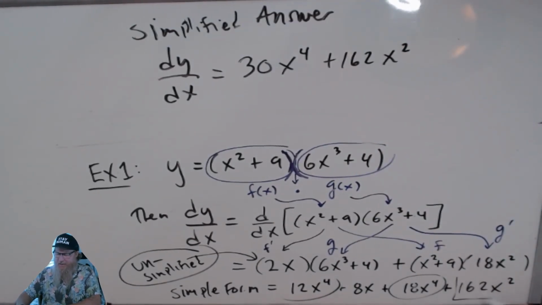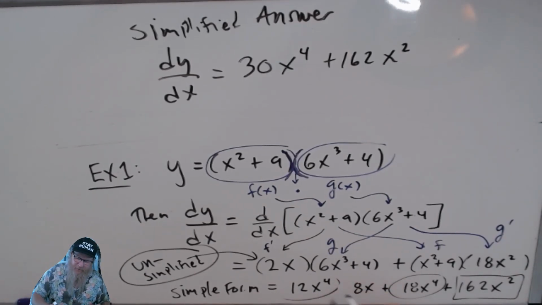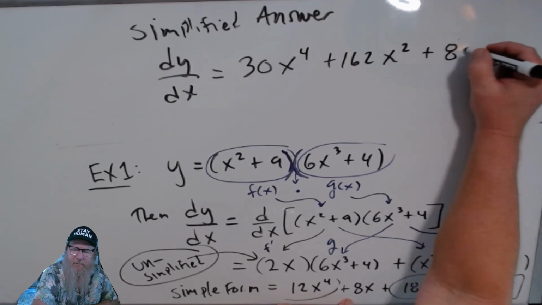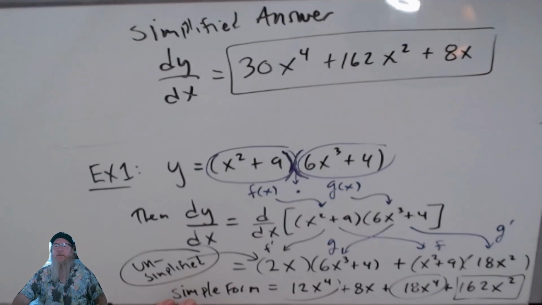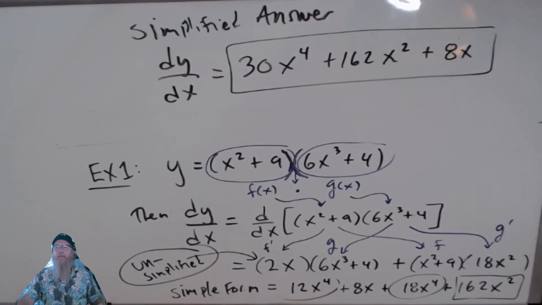The order doesn't really matter, but I like to be neat about it. If I'm going to go through the trouble of simplifying, it's nice to have it in the most simple form, which is typically from largest to smallest, or what's called descending powers. So that's the product rule.